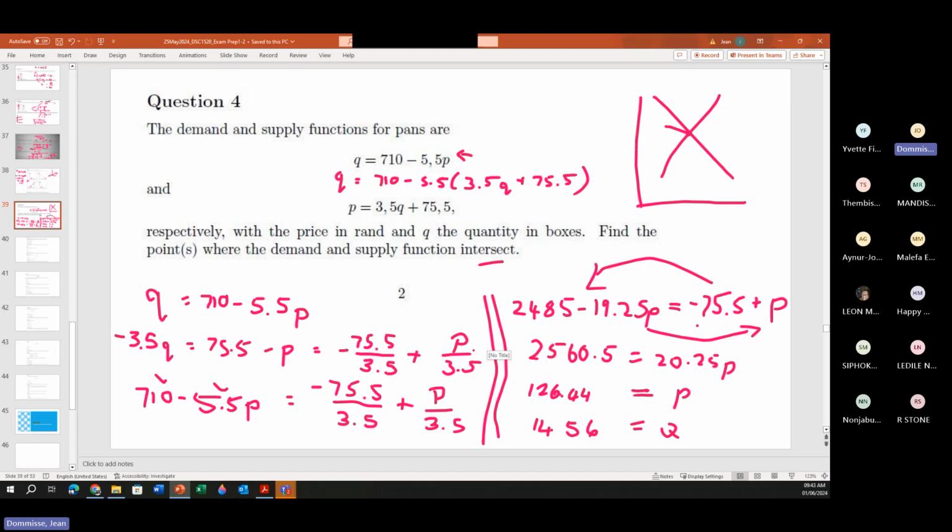In the exam, it will normally work out a bit more nicely, so that it will be something like 126 and 15, and not the decimals, unless it is 126.5. Then it is also fine, but it will seldom be a decimal.